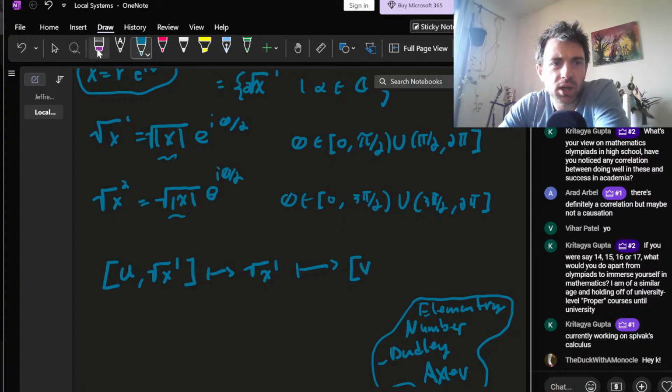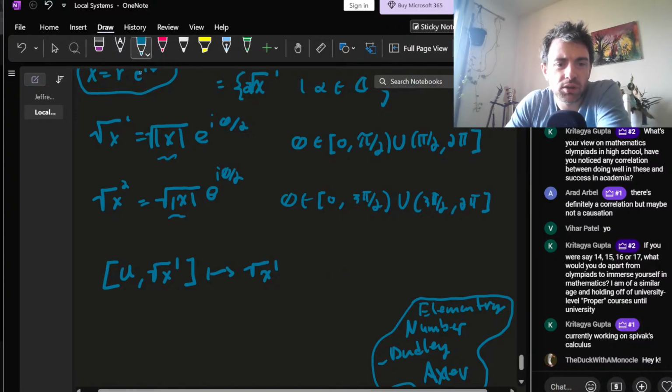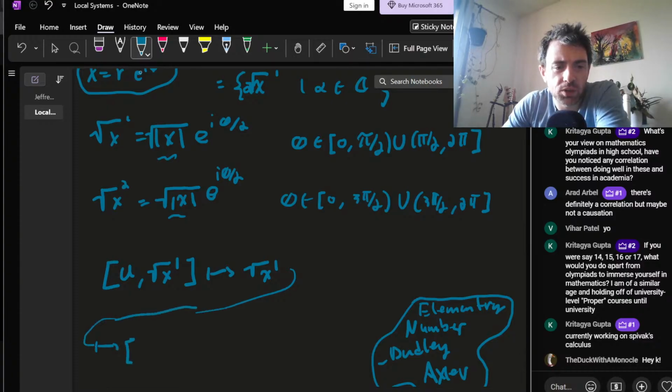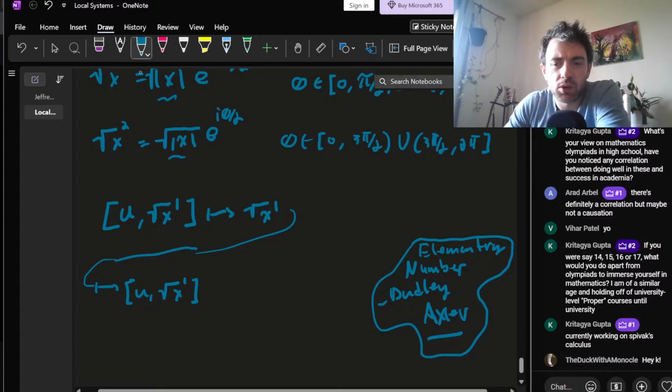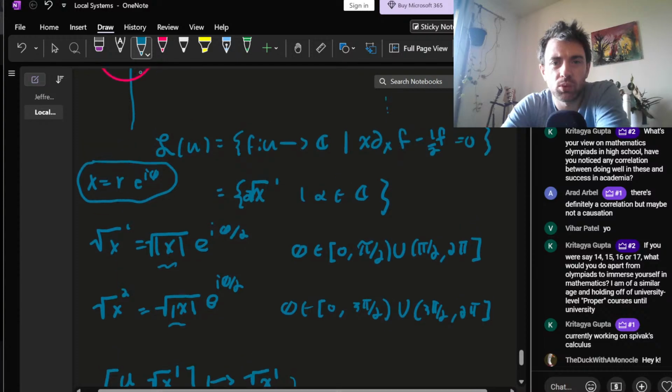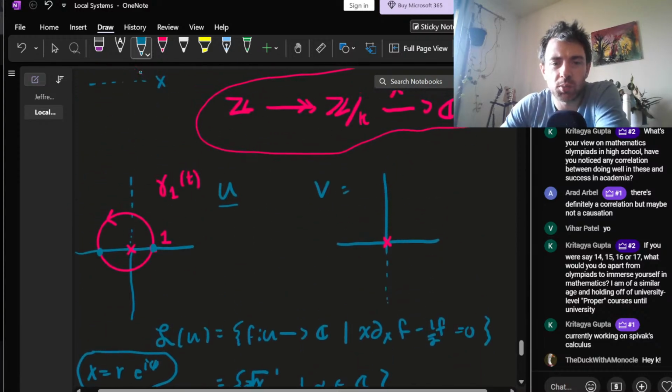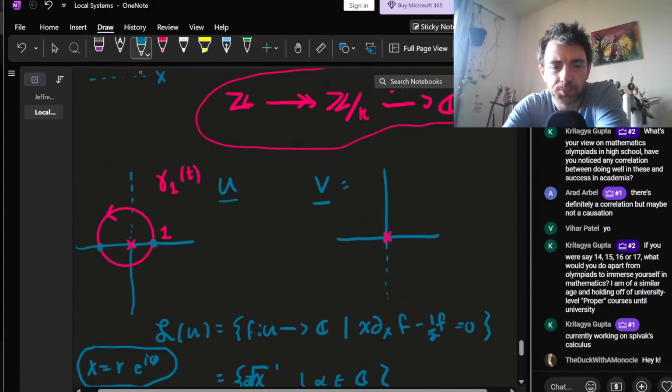So we can go back down to the stalk. Maybe I'll write it this way. We can go back down to the stalk at -1, and again we can just take the open set u. But now I'm going to want to take the isomorphism that takes me back up to sections over v.